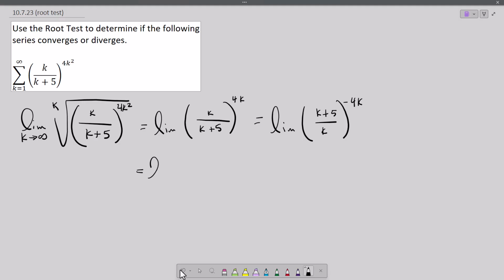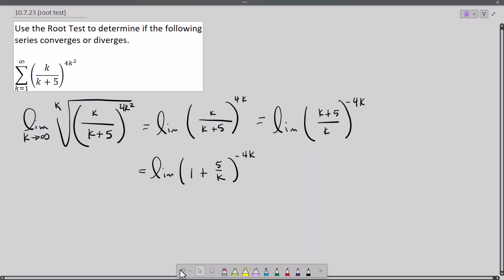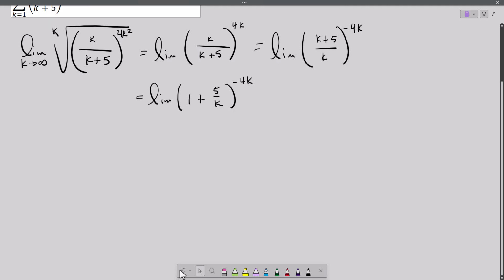And then we would distribute the k, so we have 1 plus 5 over k, to the negative 4k. So this is A, this is B, so this is going to be e to the power of negative 20.